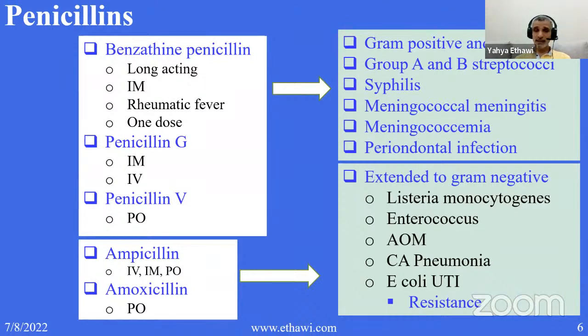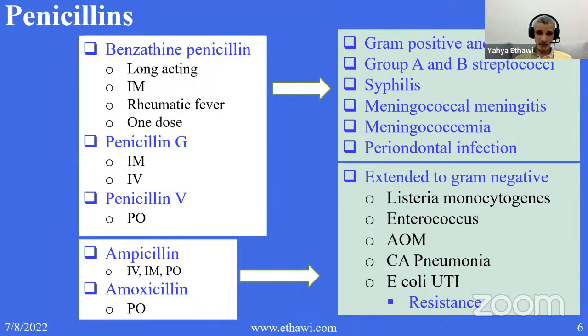We have penicillin G and penicillin V. Penicillin G is parenteral, either IV or IM, and penicillin is a very specific-action antibiotic against streptococcus and against syphilis. You cannot use it as a first-line antibiotic because it's not broad spectrum.